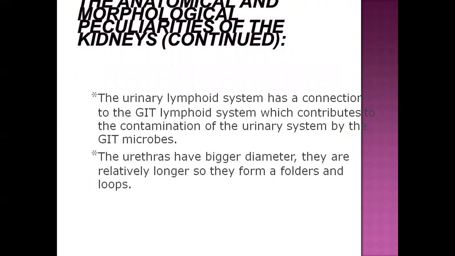The urinary lymphoid system has a connection with the GI lymphoid system, which contributes to the contamination of the urinary system by GIT microbes.